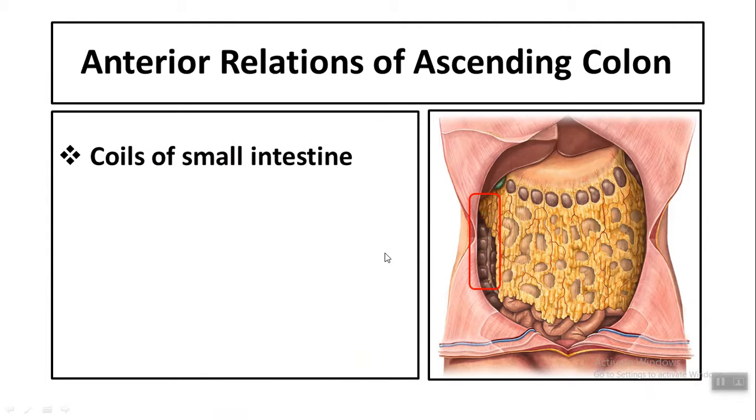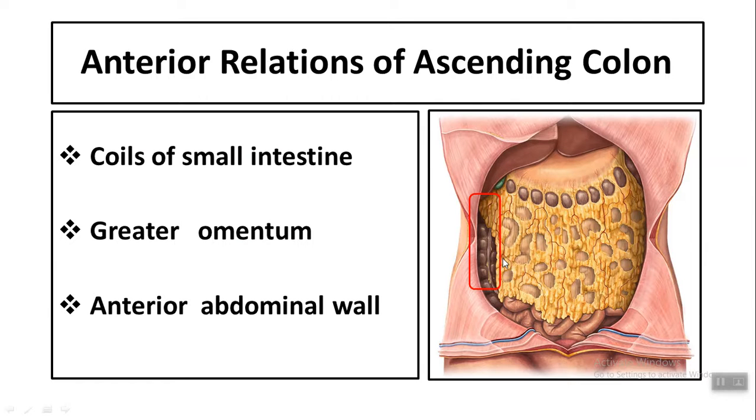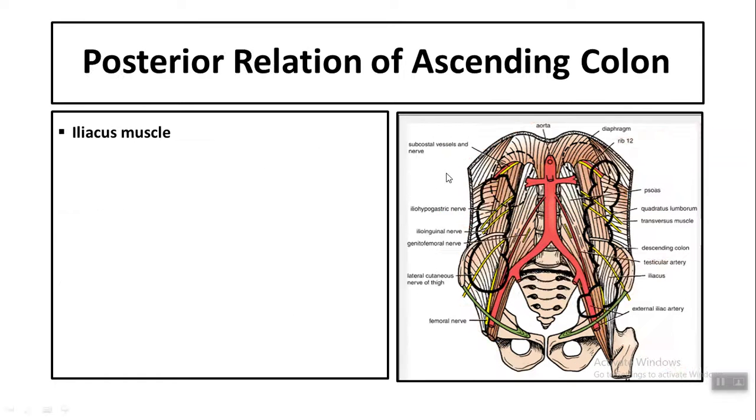The anterior relations of the ascending colon are the coils of the small intestine, the greater omentum, and the anterior abdominal wall. All these are the anterior relations. What are the posterior relations of the ascending colon? As it is tethered to the posterior abdominal wall by the peritoneum, it is related to the structures on the posterior abdominal wall.